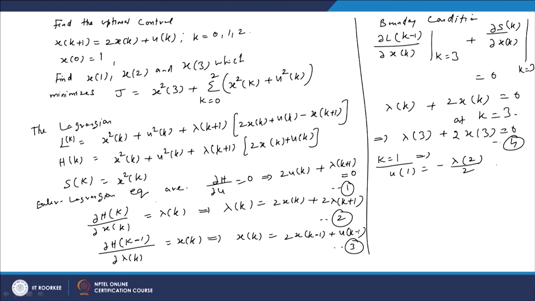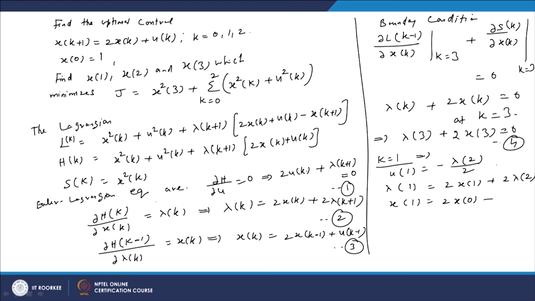So, that can be substituted in the next equation, and then lambda of 1 is given by 2 times x of 1 plus 2 times lambda of 2, and the next equation is x of 1 equal to 2 times x of 0, and here u of 0.